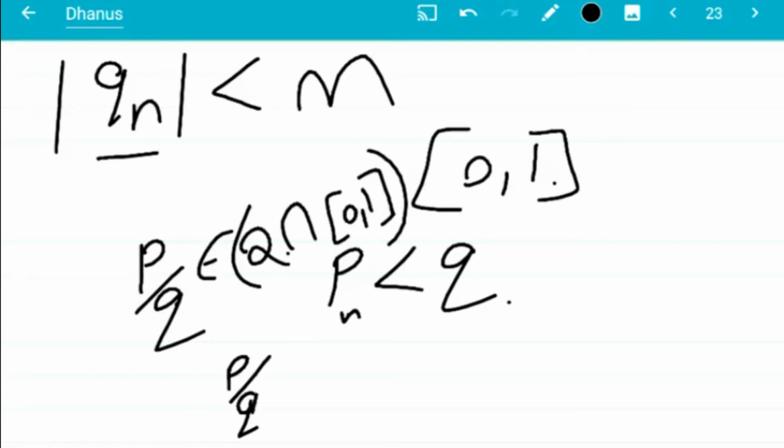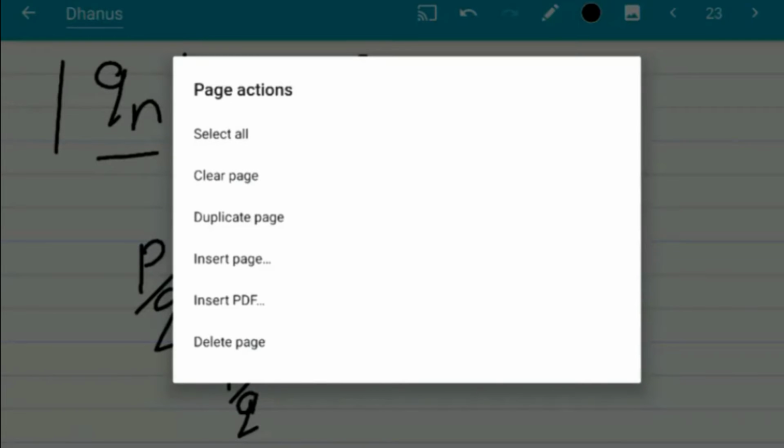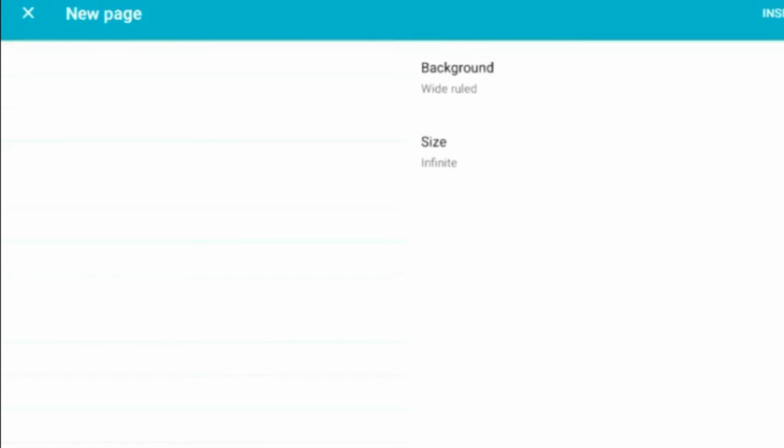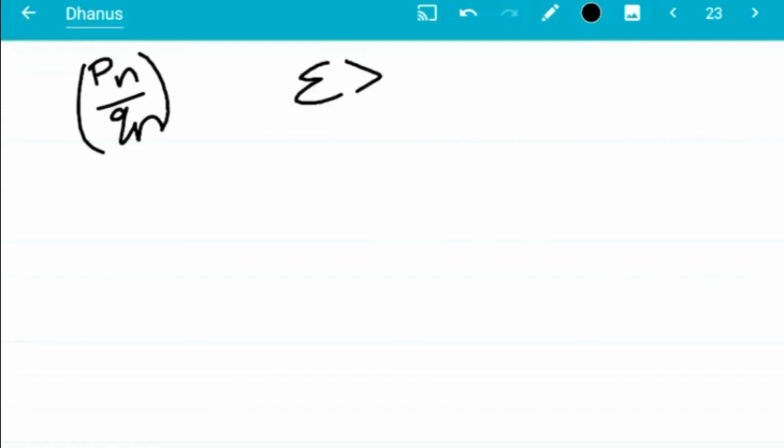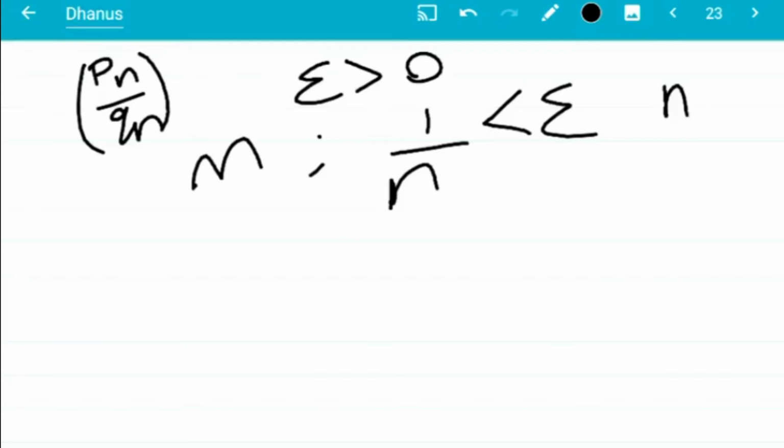Anyway, we have to show that the sequence converges to 0. For any epsilon greater than 0, I can find an m such that 1 by n is less than epsilon whenever n is greater than m.